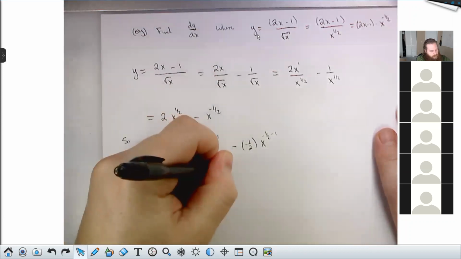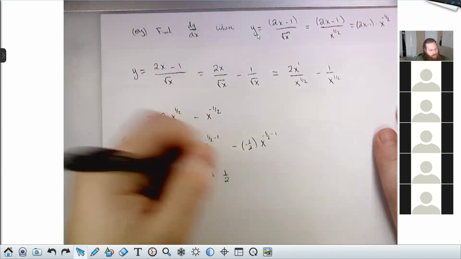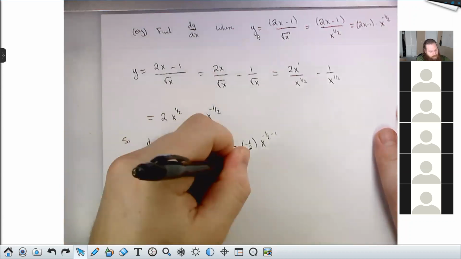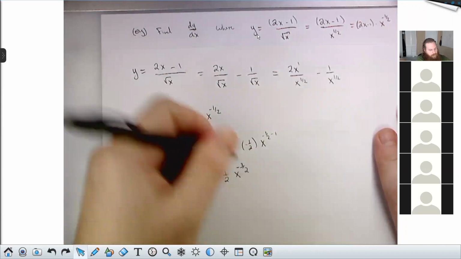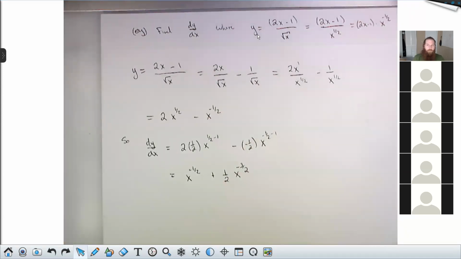Plus, minus here makes plus 1/2 times x to the negative 3/2. Done. Much better. We're talking 2 lines, 1 line for the derivative.